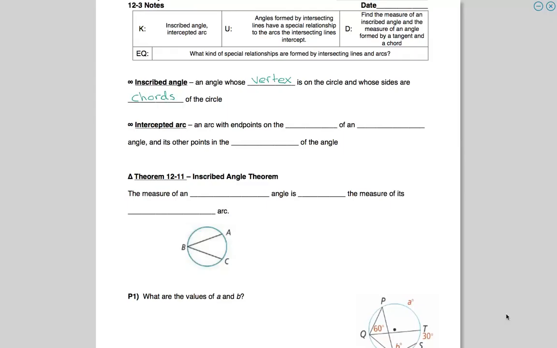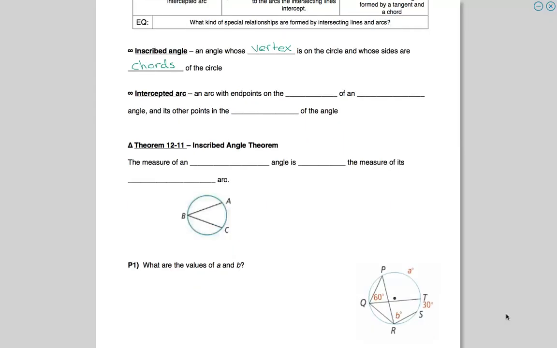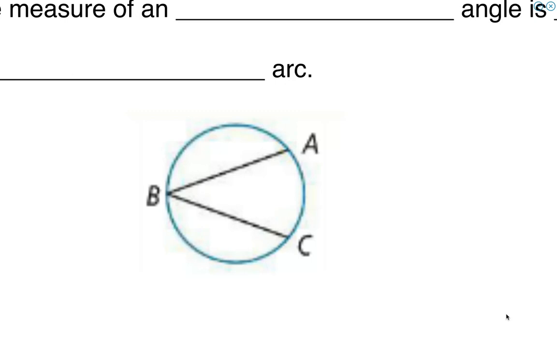So we can actually see that down here. So this is an inscribed angle, meaning the vertex does not have to be at the center of the circle. That would be a central angle, and that's what we dealt with in the last section. These are inscribed angles, so angles that go from one side of the circle to the other side of the circle.